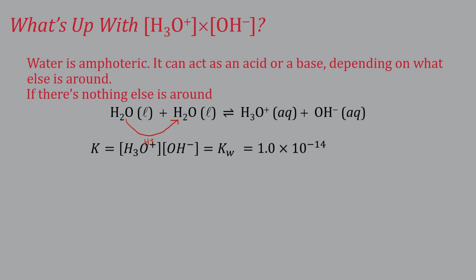Its numerical value at 25 degrees Celsius happens to be experimentally measured to be 1 times 10 to the negative 14. Again, at 25 degrees Celsius. This is called the autoionization constant for water because, again, the water is kind of proton transferring to itself.